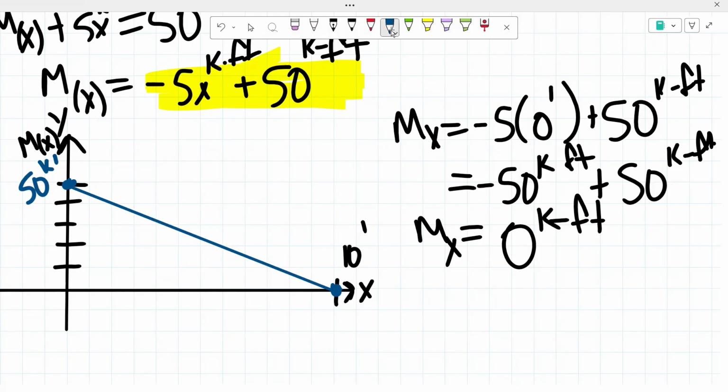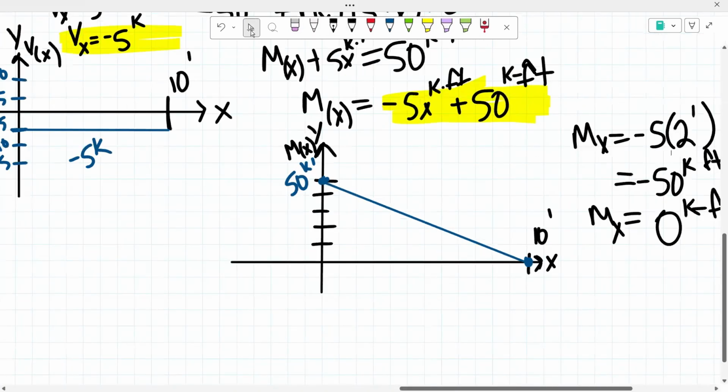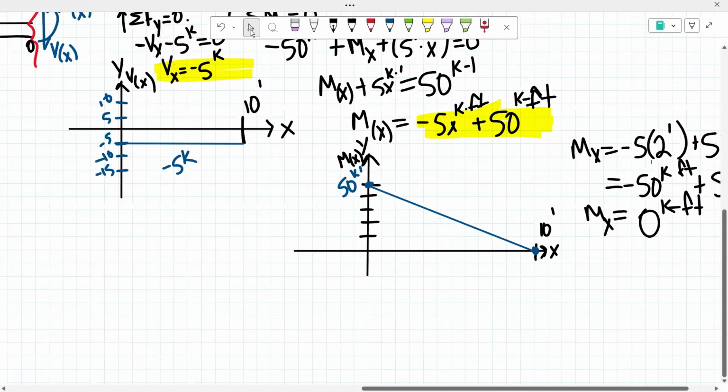But if you want to be a little bit more precise, for every 2 feet or every foot, you could plug in that distance and get the moment, and then you could plot more points. I'm just going to assume that line, but like that, we were able to draw our shear and moment diagrams for the beam BC.